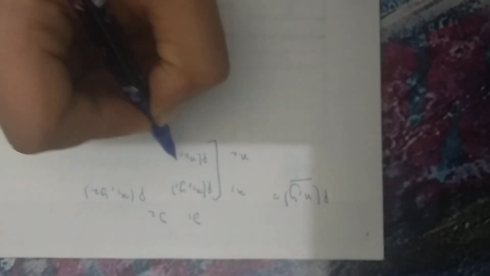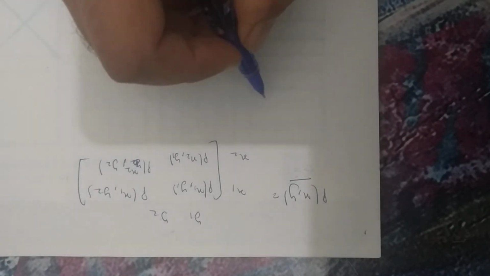So the joint probability is written like this: P x1 comma y1, P x1 comma y2, P x2 comma y1, P x2 comma y2. So this is the matrix for joint probability in this scenario.